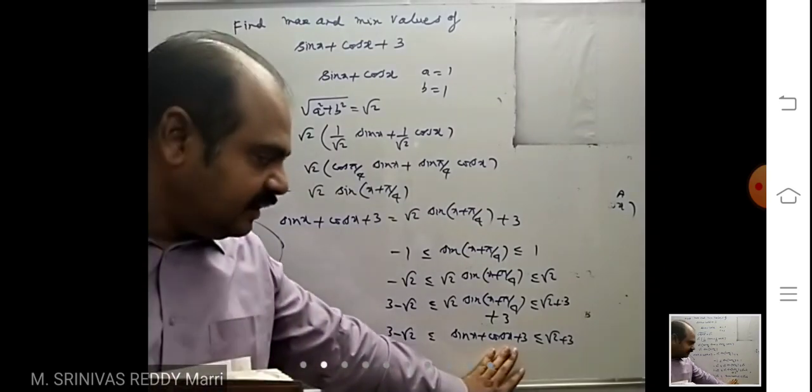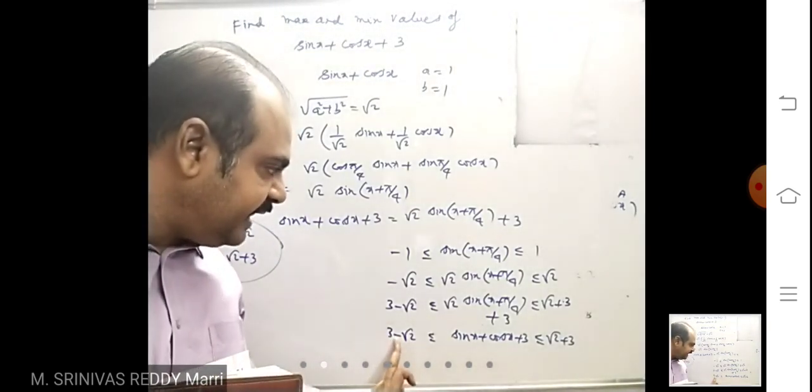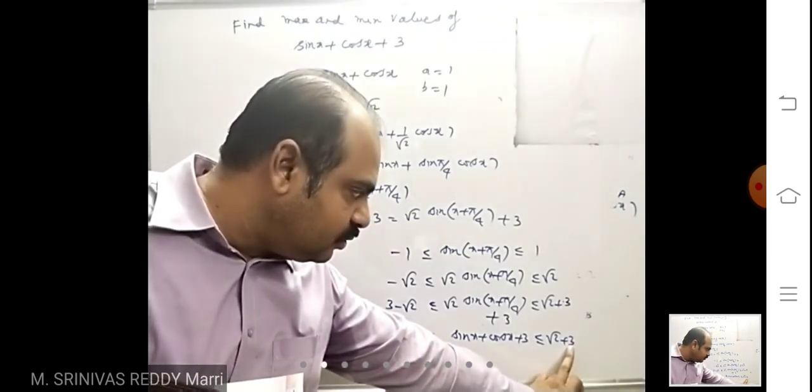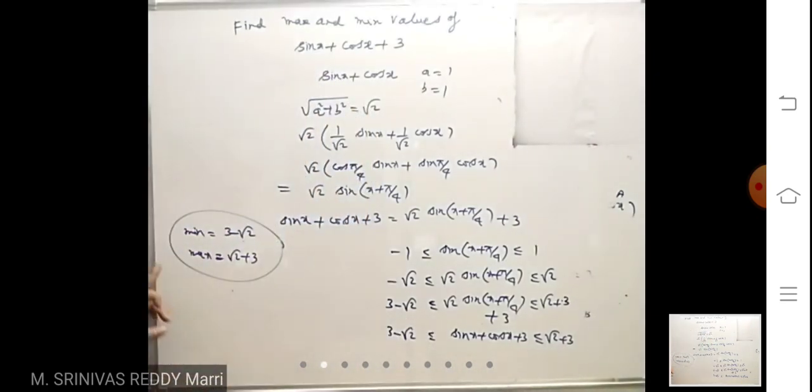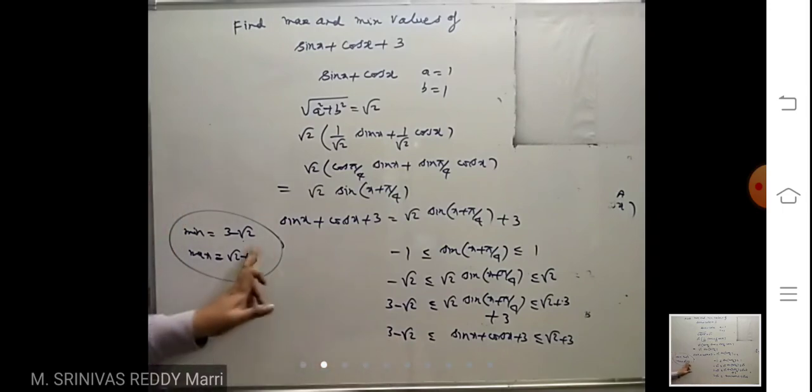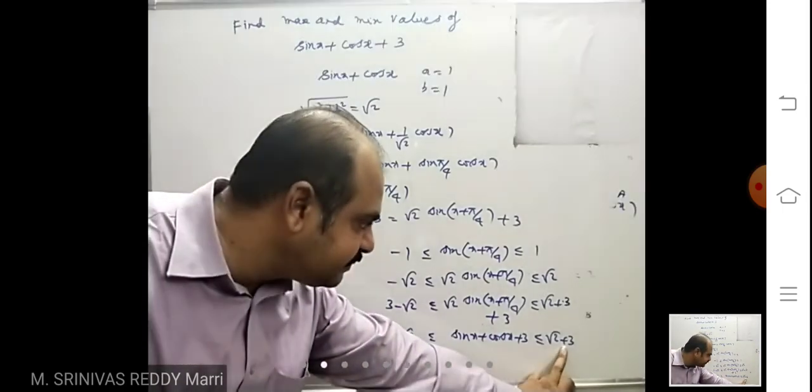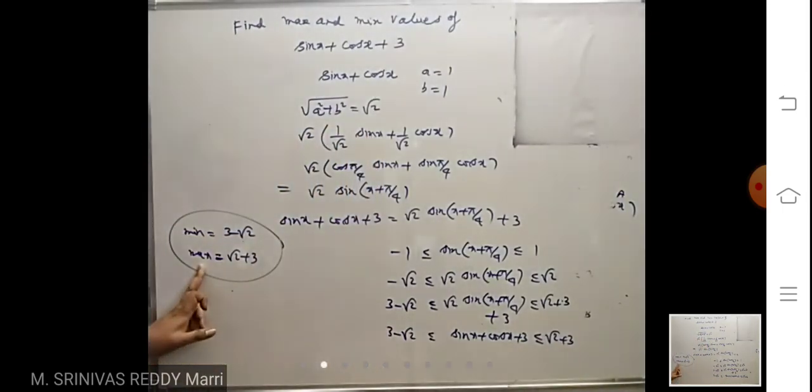The expression always lies between 3 minus root 2 and root 2 plus 3.